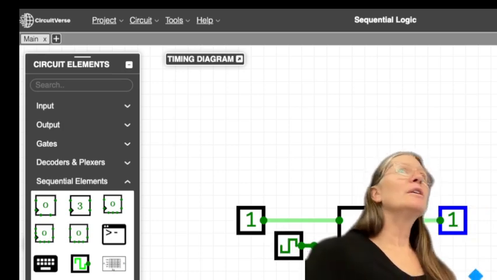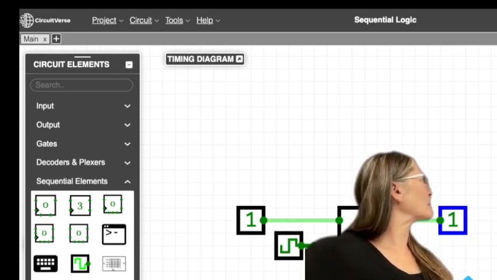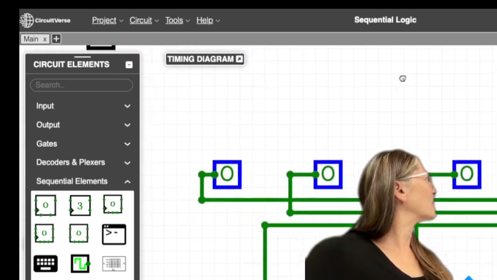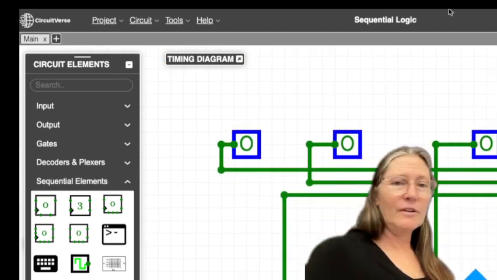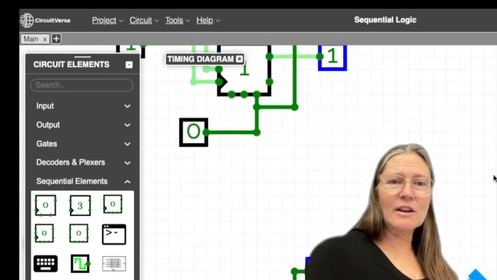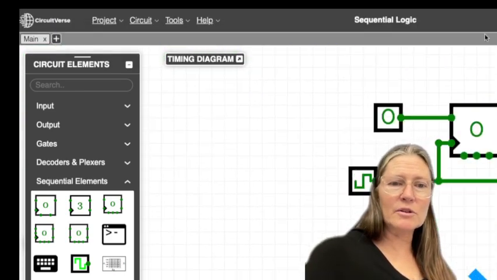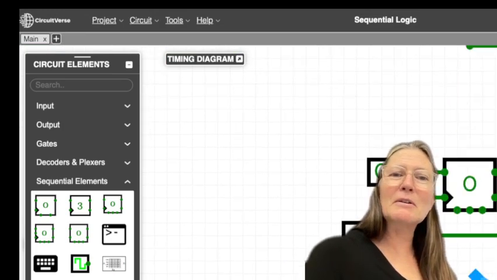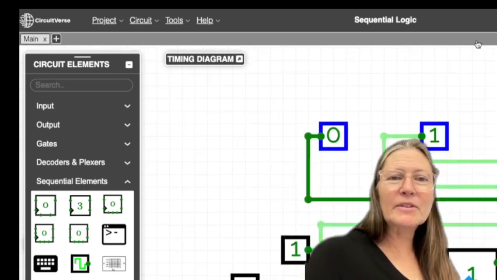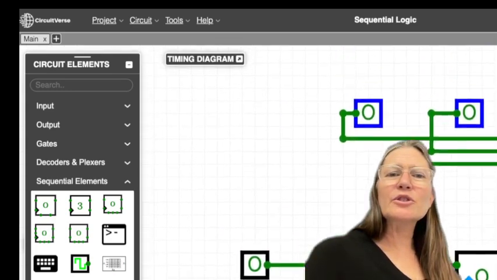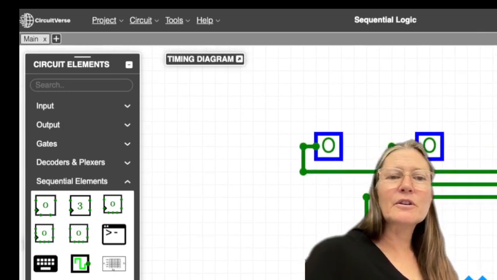Okay. So hopefully that was a good demo of this, and then you're going to build the JK flip-flops for the counter. I can't remember which one's which now. Okay, so this is the counter. Let's do the shift register first.